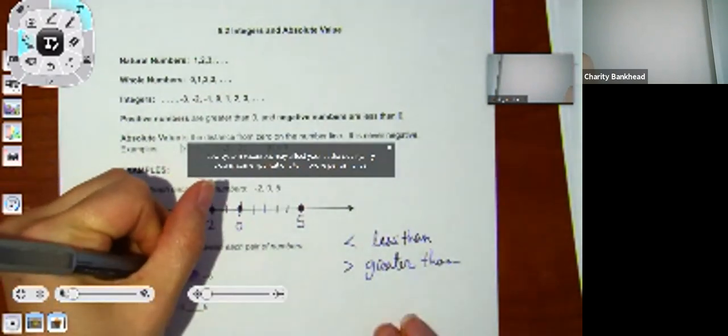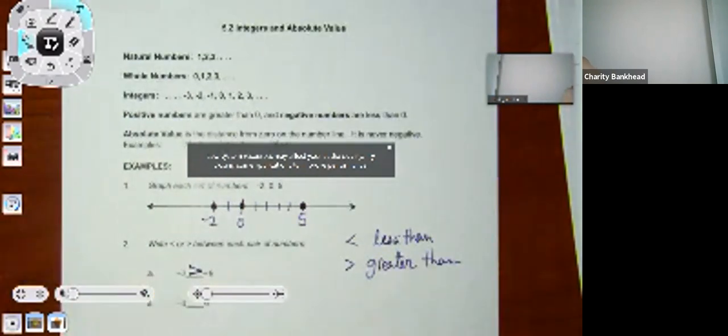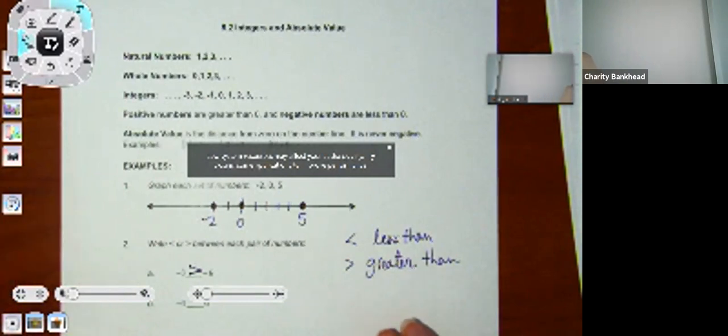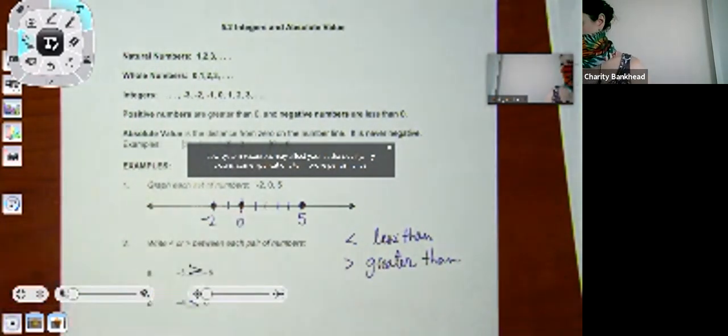Or, somebody else told me also, one of my students actually one time told me that if you put 2 dots next to the bigger number and 1 dot next to the smaller number, and then you connect them. But either way. So -3 is greater than -6. And then -4 is less than +6. Okay.